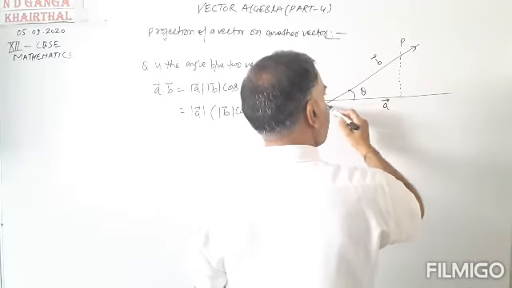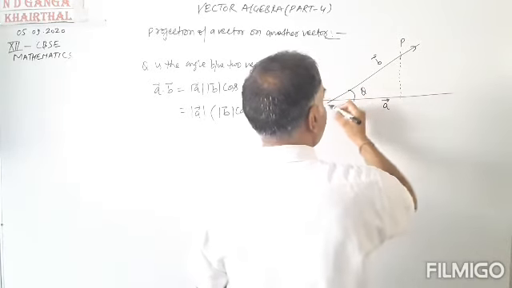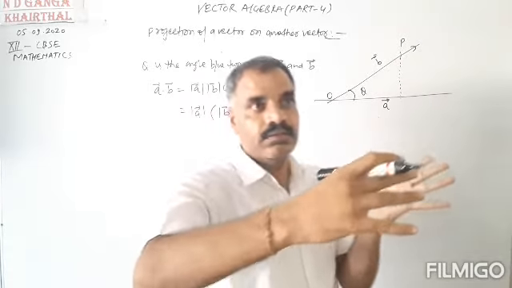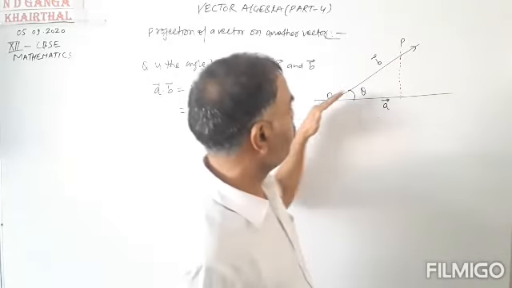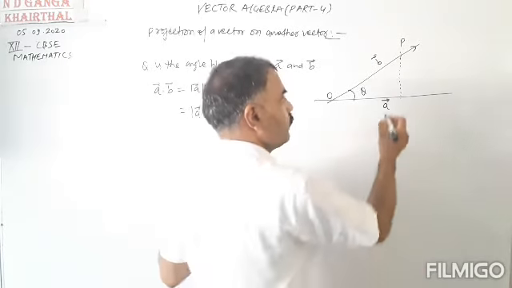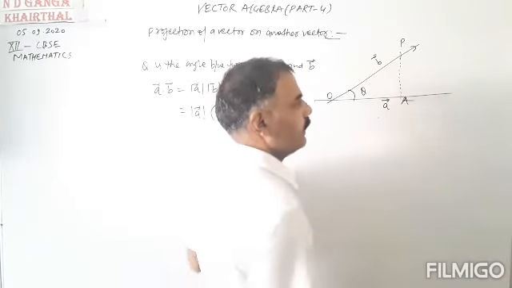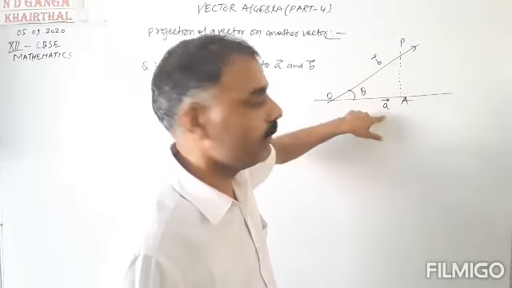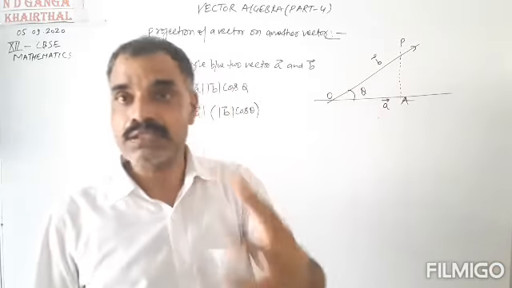The projection of OP on OA is just like the shadow of OP on OA. The shadow of vector B on vector A is the projection.